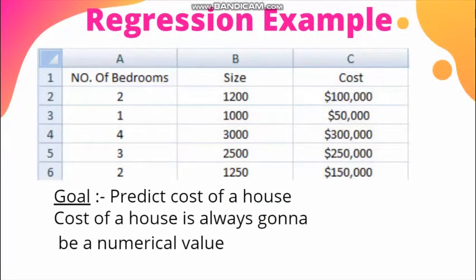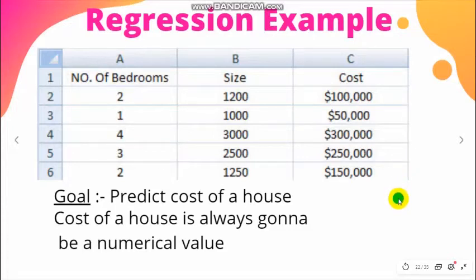Let's just say we want to predict the cost of a house based on the number of bedrooms and the size of the house. So the cost of the house is always going to be a numerical value. So the output variable, that is what we are trying to predict, is the cost.